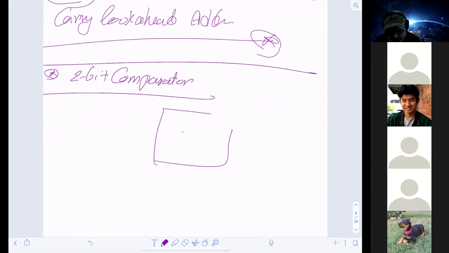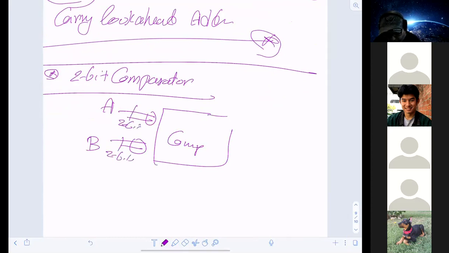Here is a box called Comparator. It has two inputs, A and B. This is 2-bit and this is 2-bit. What type of outputs should I get from the comparator? Another 2-bit? Are you sure? Why 2-bit? Because you're comparing A and B.